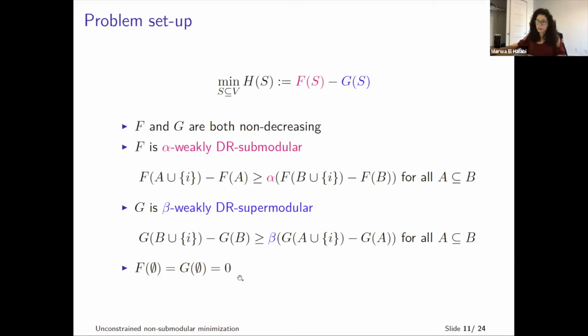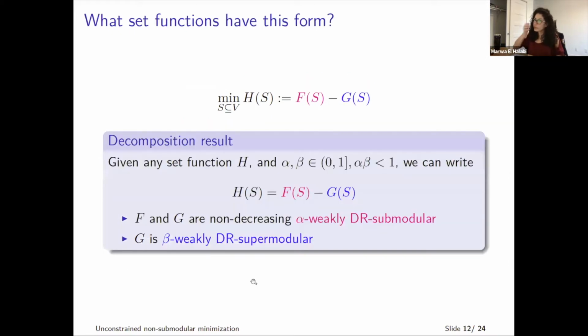And we're again going to assume, without loss of generality, that everything is normalized, so f of the empty set is equal to g of the empty set, and it's equal to 0. This looks like an arbitrary assumption to make. So what are the functions that satisfy this form? Surprisingly, it turns out that any set function can be written in this form.